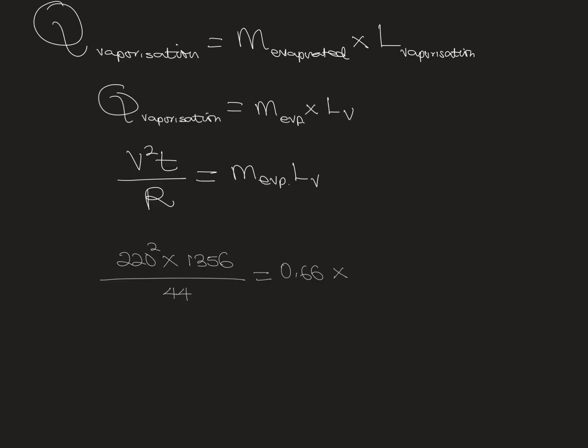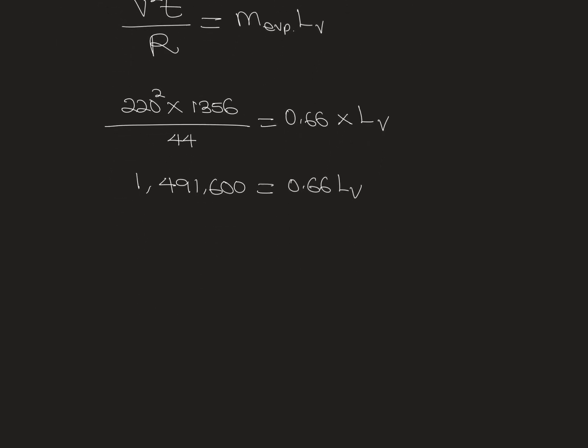So this will be multiplied by the specific latent heat of vaporization. 220 squared multiplied by 1356. The answer that you have, if you divide by 44, you will have 1,491,600. This is equal to 0.66 LV. To find the specific latent heat of vaporization, we will divide both sides by 0.66. So this will cancel this.